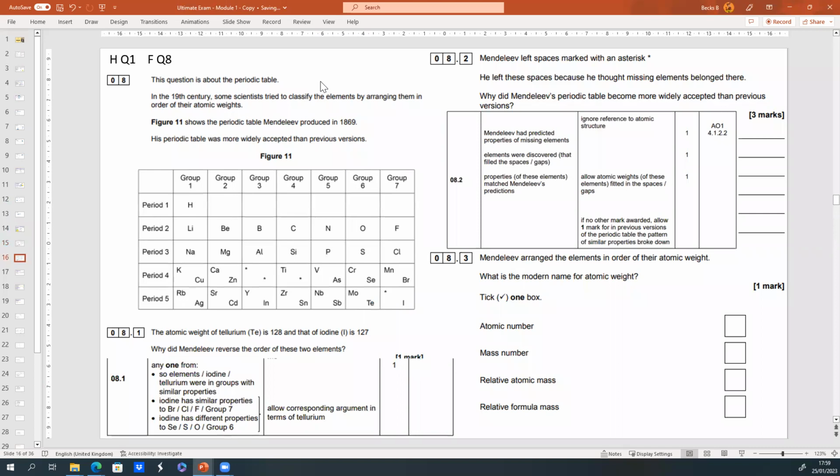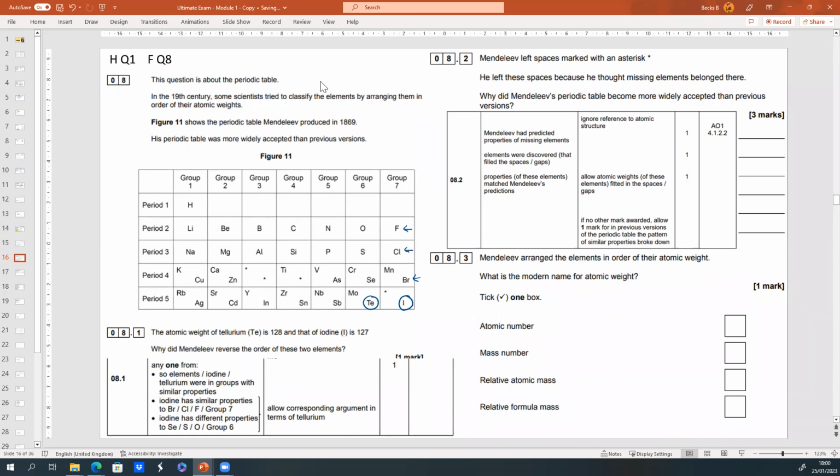If they were the other way around, then we'd have tellurium in here in a group of halogens. Iodine has similar chemical properties to fluorine, chlorine, bromine, so it would be in a different group. So we reverse them so that iodine was in a group of similar properties.